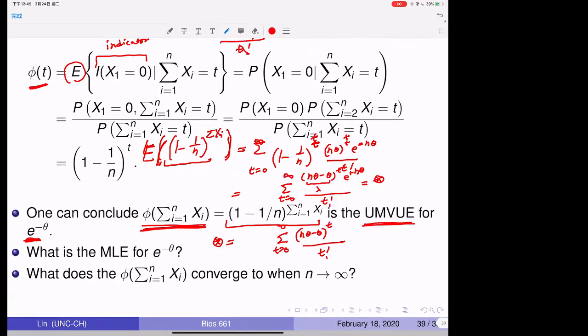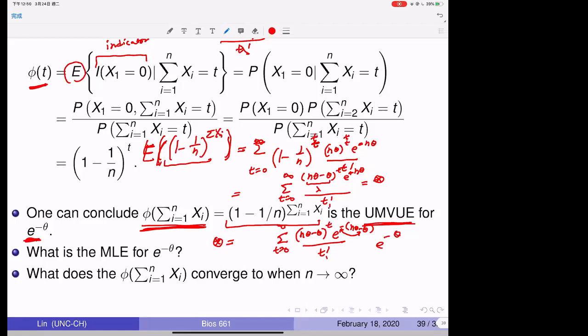But how much do I sacrifice? It turns out I created an extra exponential theta, so I need to compensate by multiplying by e to the minus theta.